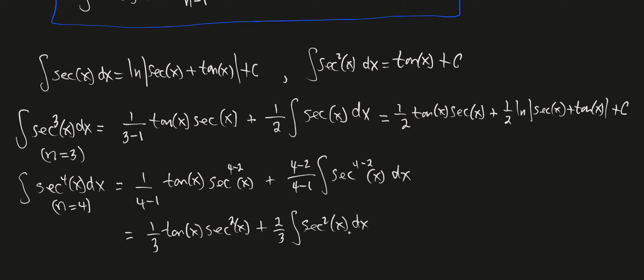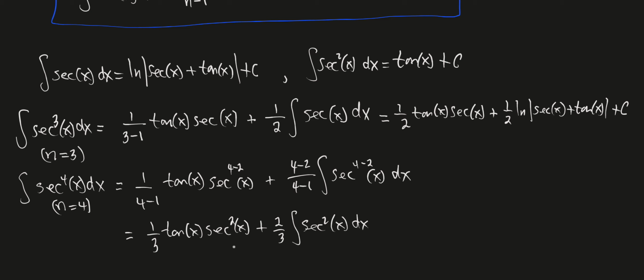But we know the integral of secant squared. Again, that's why we establish these simpler results, so that when they pop up in our reduction formula, we know exactly what they are. So the antiderivative of secant squared is tangent x.